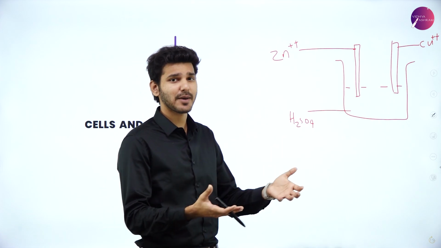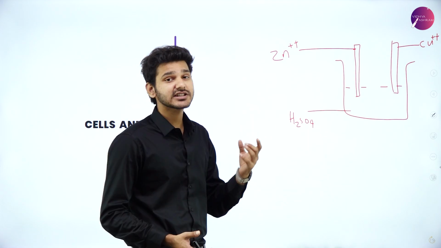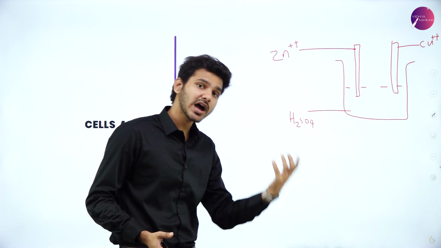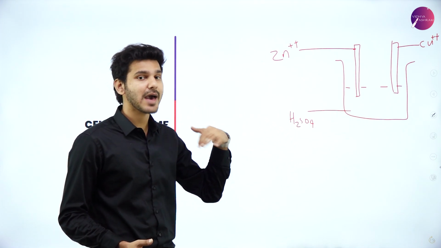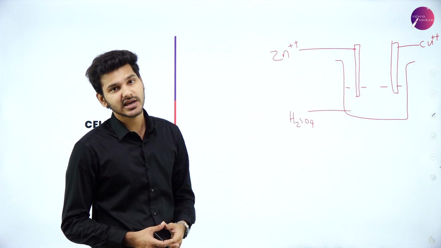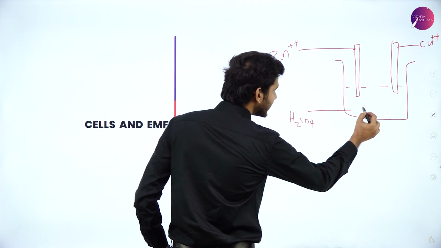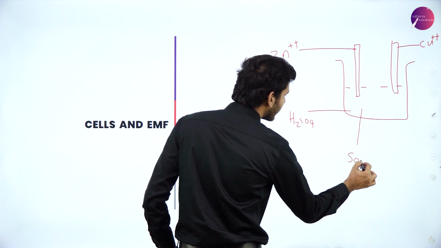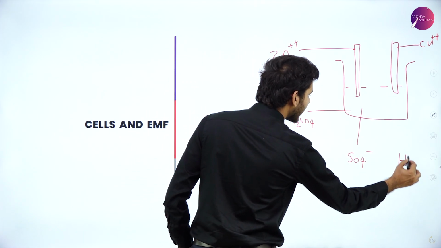So what exactly is happening here? Obviously it is the exchange of ions. That is, atoms will become ions and ions will be deposited, or the exchange of ions will be happening inside this particular case. For example, here let's say there are SO4 minus ions, and let's say there are H plus ions.